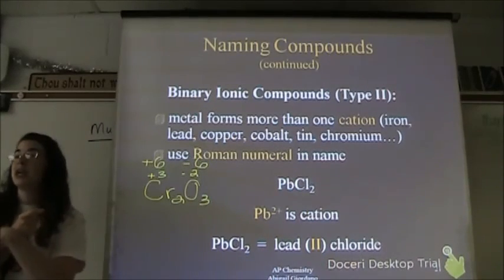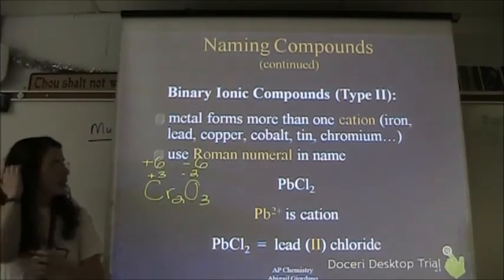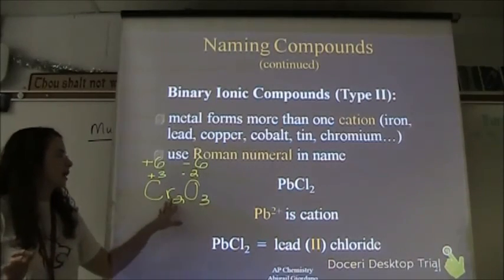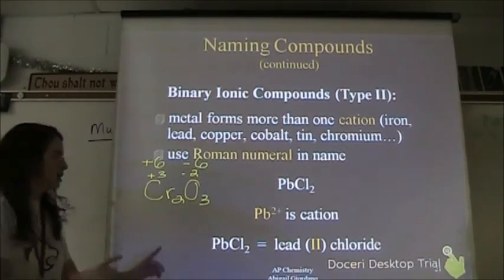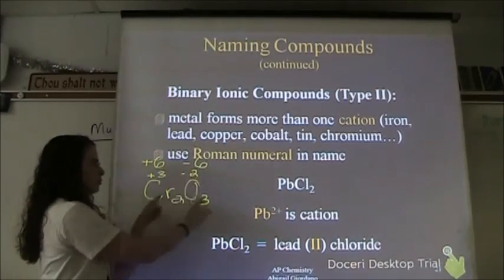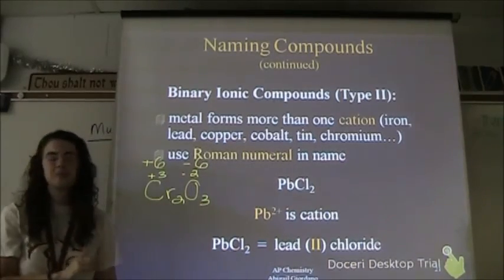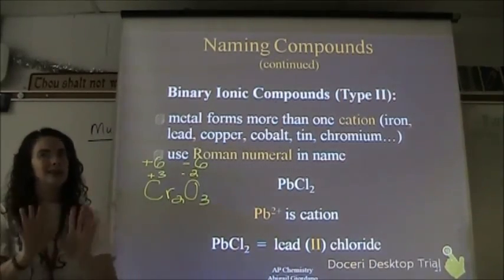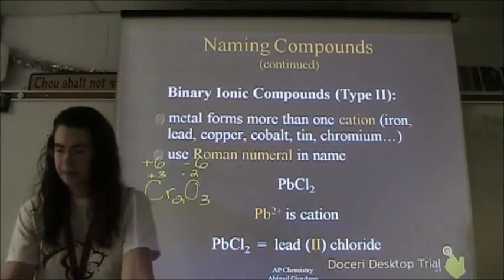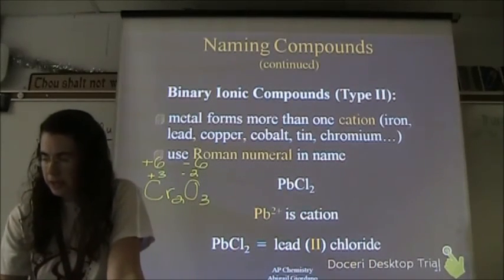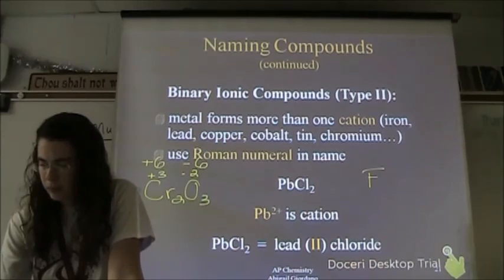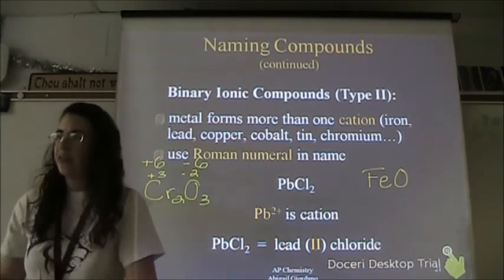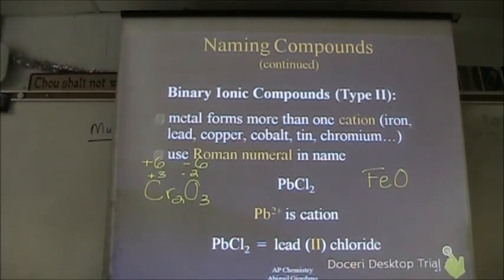Now I need you to be careful about something. Because if any of you were thinking, oh, well, of course that's +3, you can just reverse these numbers here. Be careful, that doesn't always work. Like, what if I had that? What element is that, first of all? The metal. Iron. Does iron need a Roman numeral?